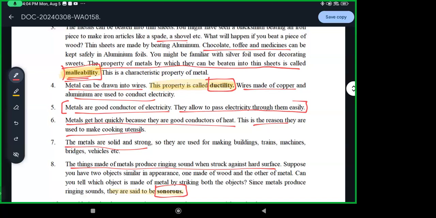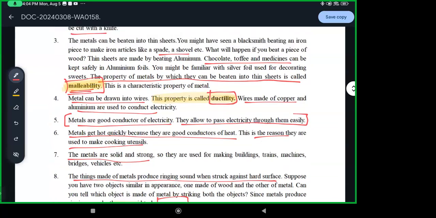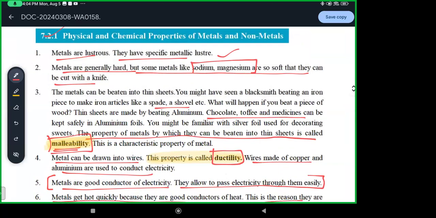What are the exceptions to the characteristic that metals are hard? Sodium and magnesium. Those are the soft metals: metals, but soft.